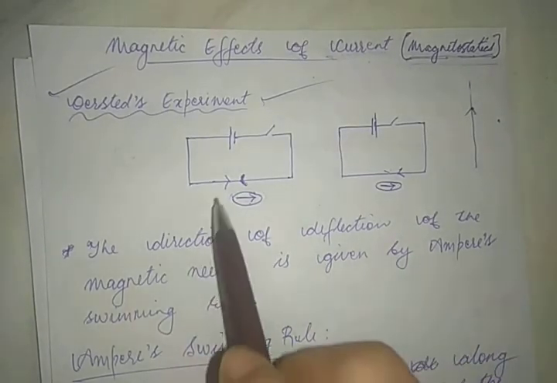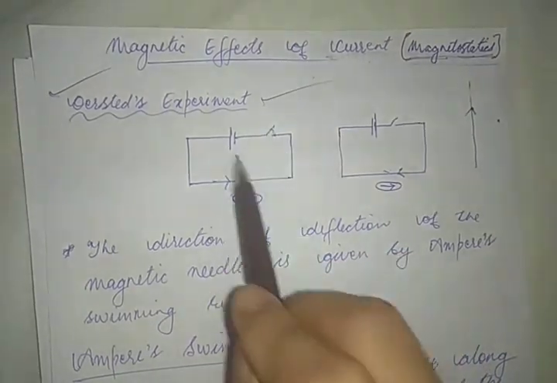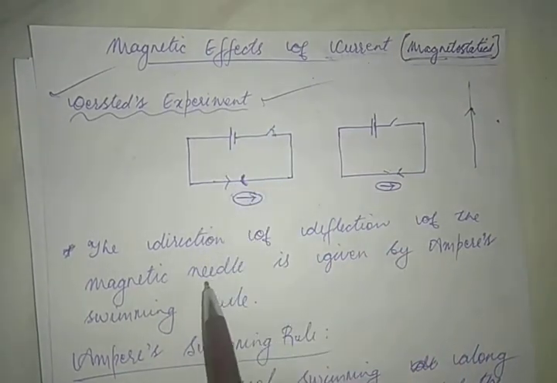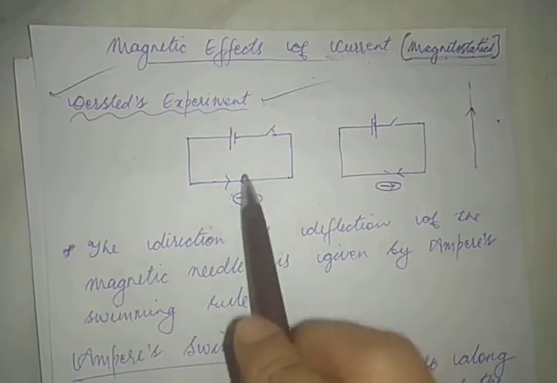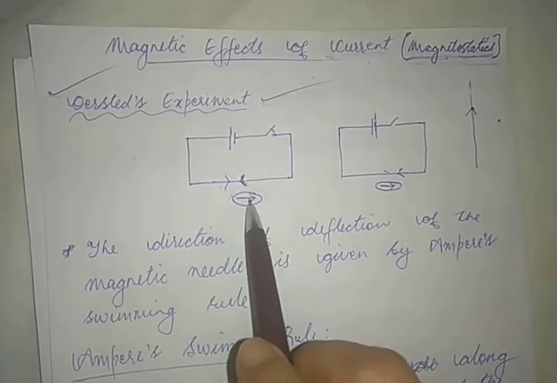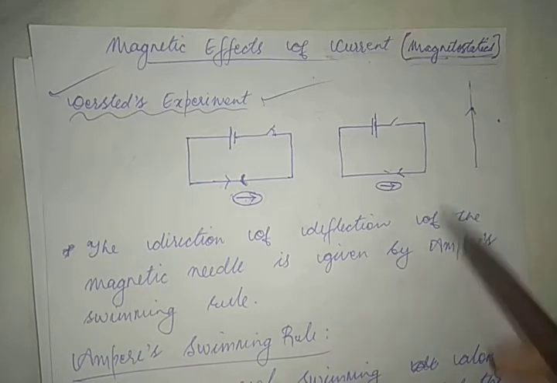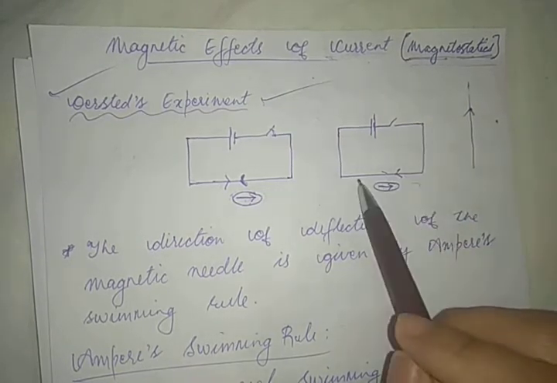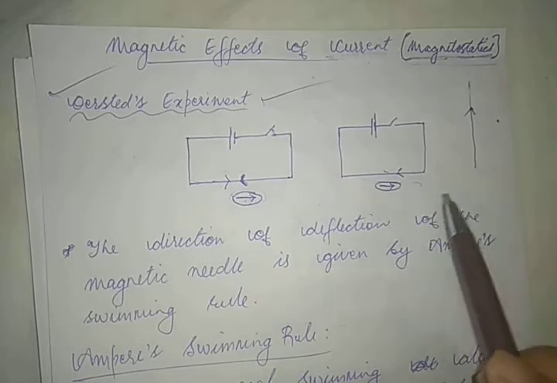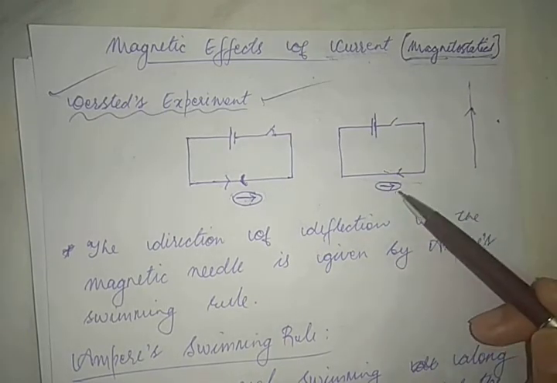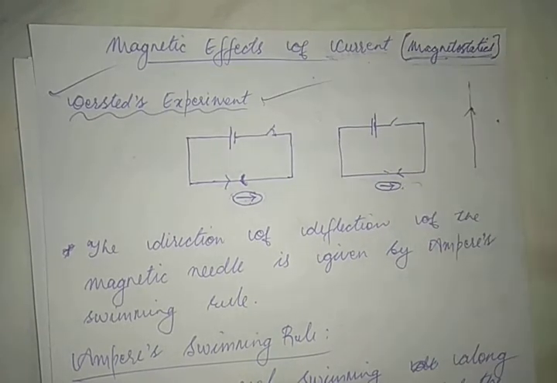Whenever this key was closed and current was allowed to flow through this conductor, this magnetic needle got deflected. It was also seen that when the direction of the current was changed, the direction of deflection of the magnetic needle also changed. You've heard about this in class 10 also.